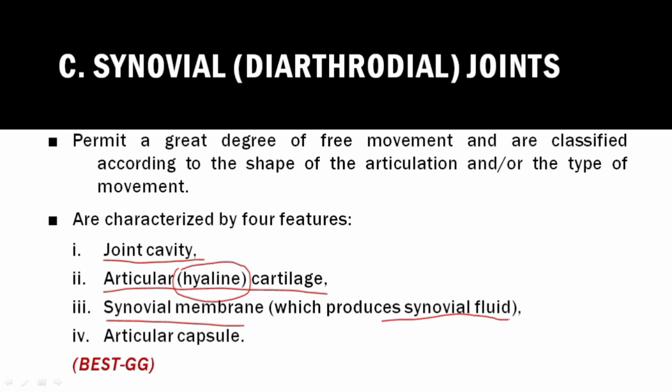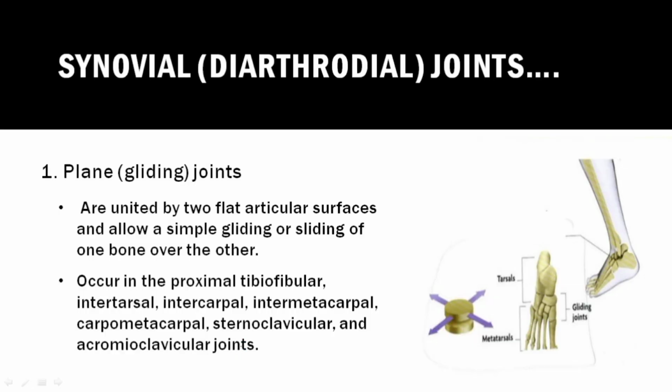In the synovial fluid we have nutrients for the nourishment of the cartilage. It offers lubrication at the joint surfaces. Another characteristic feature of this joint is that they have an articular capsule. So examples of diarthrodial joints include plane joints or gliding joints.